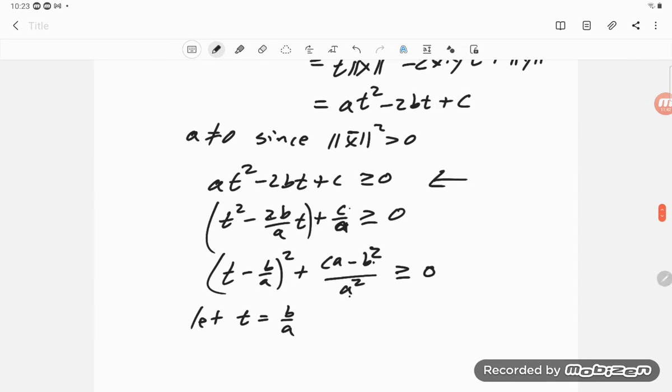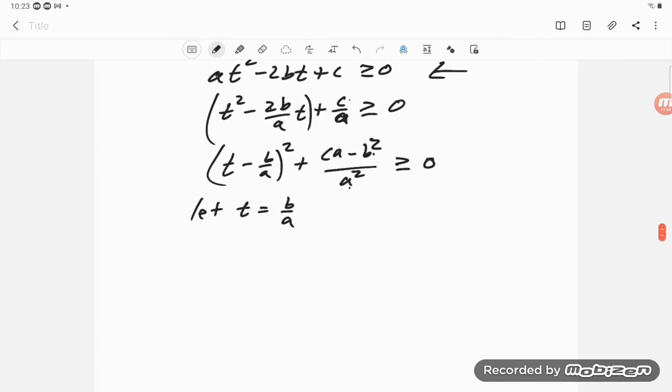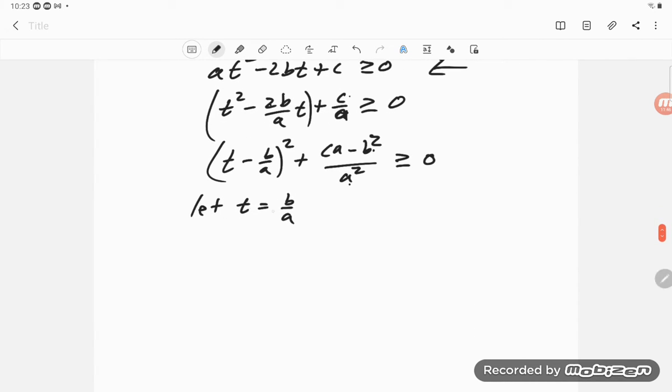We never said what that constant t was. And so now let's say that it's b over a. Well, in that case, then that leaves ca minus b squared over a squared has to be greater than or equal to 0, no matter what a, b, and c are.